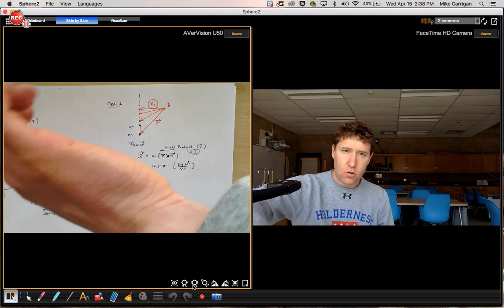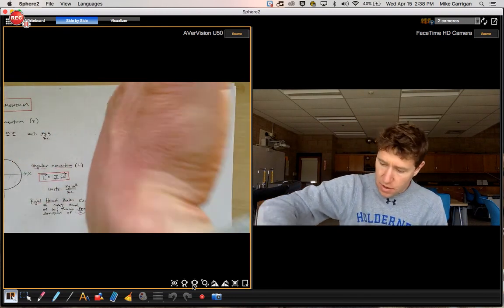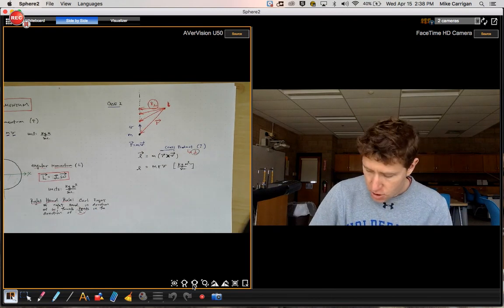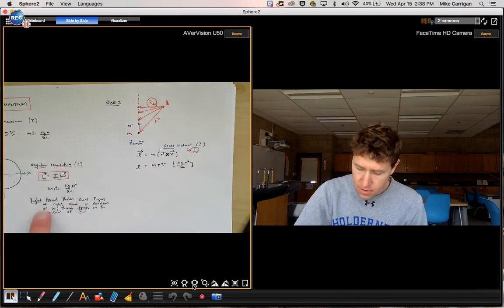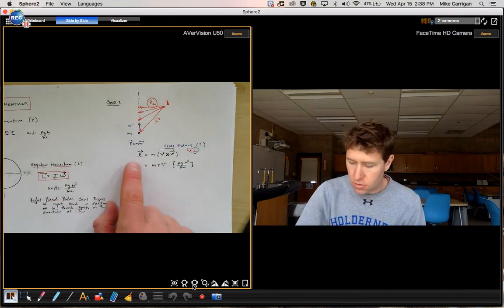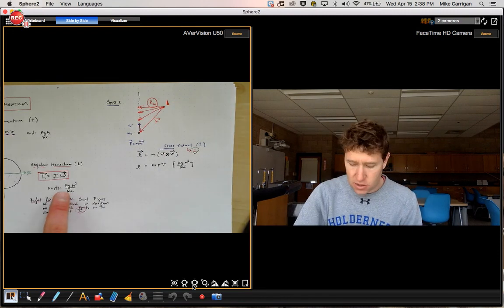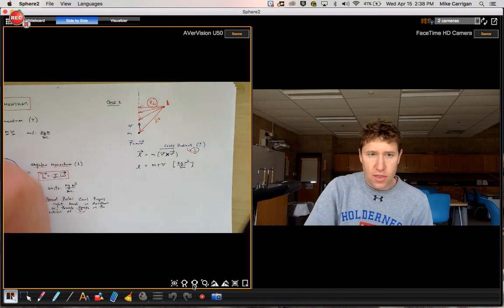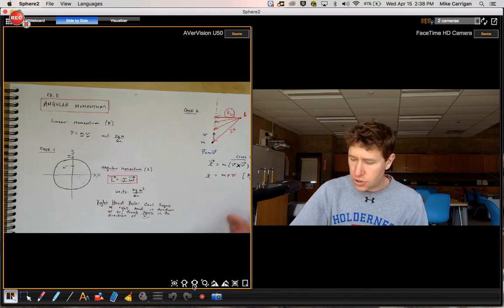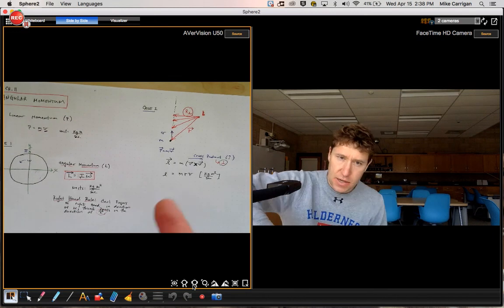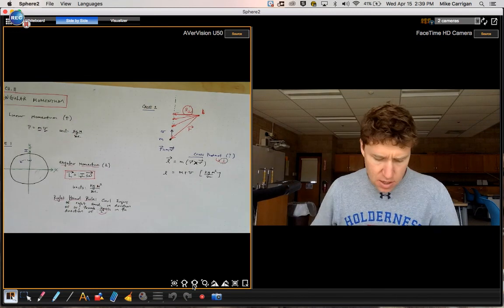If I curl my fingers this way, so that now my fingers are up, my thumb is pointed into the page. So once again, the direction of the angular momentum vector is perpendicular to the page. In the other case, the direction of the L vector was up out of the page. Here, I can convince myself with the right-hand rule that the direction of the vector is into the page.